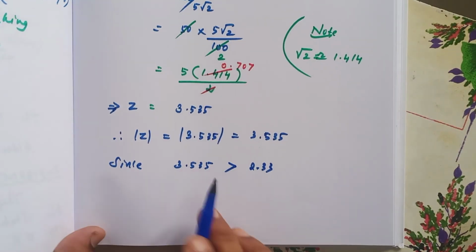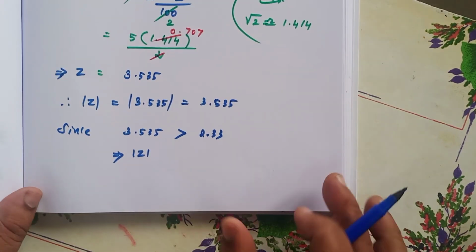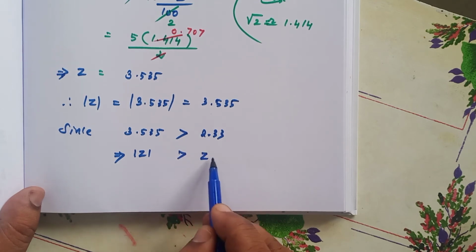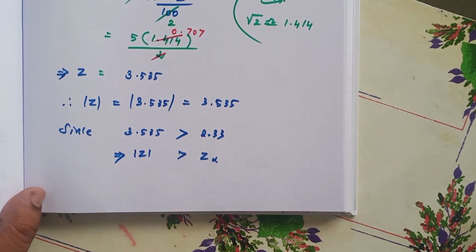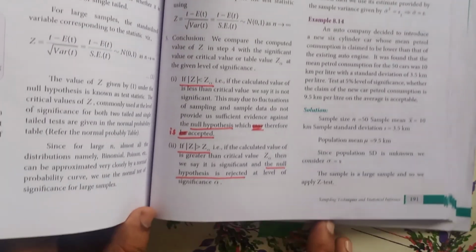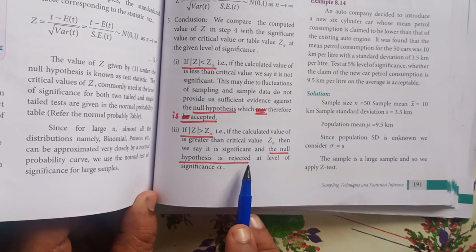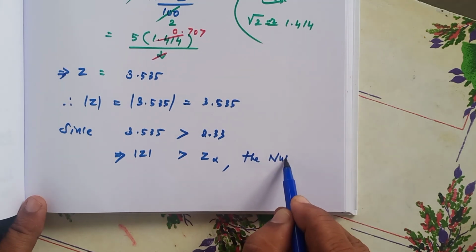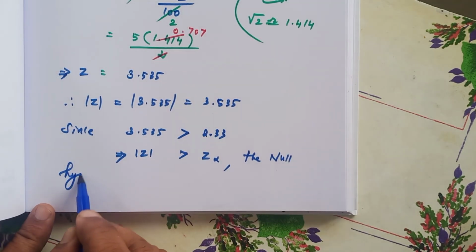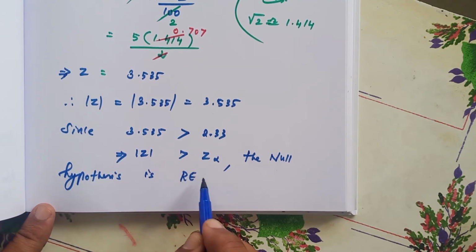This is modulus of Z, this one is Z alpha. Modulus of Z is greater than Z alpha. If modulus of Z is greater than Z alpha, the null hypothesis is rejected.